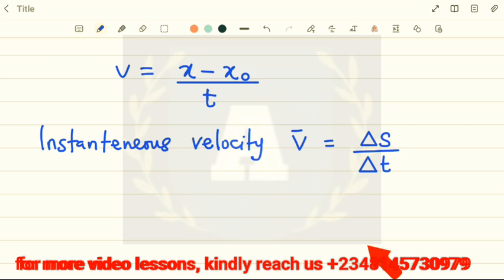Velocity is a vector quantity, which means it has magnitude, and at the same time it has direction to be specified.